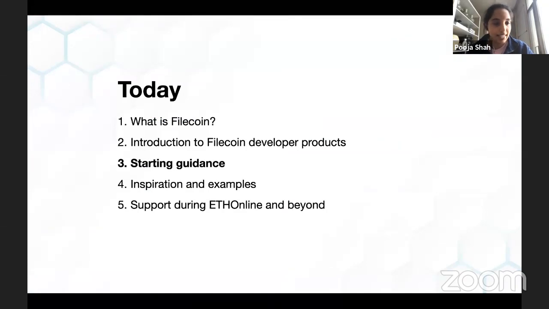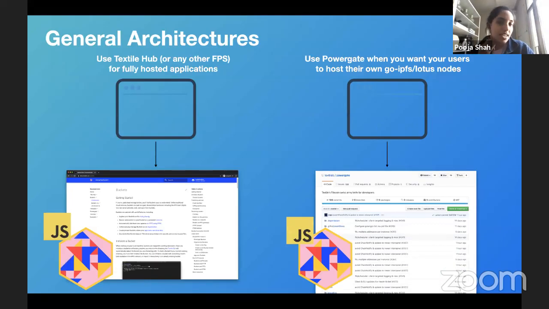So, starting guidance. I'll probably skip this one, but the high level thing is, for those who are just starting out, I would not recommend going straight to using a Lotus node. As I mentioned, it requires a beefy machine in order to run and stay in sync with the rest of the network.